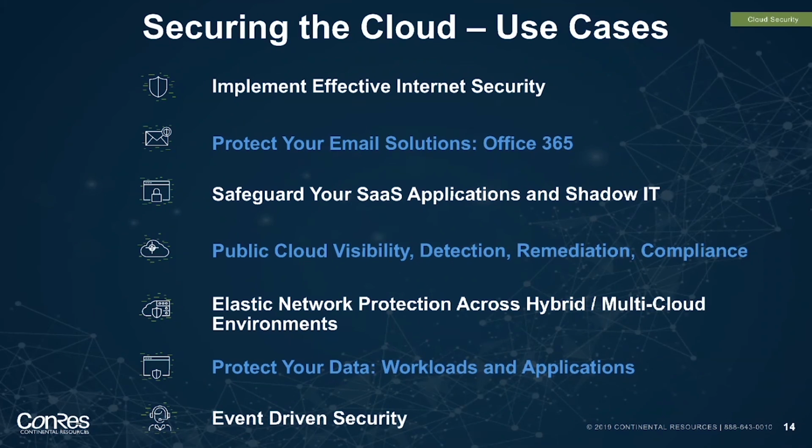And then two more: protect your data, workloads, and applications. You can either do it through encryption, segmentation, or other visibility services. This is something that a lot of customers take for granted that they do today on-prem.